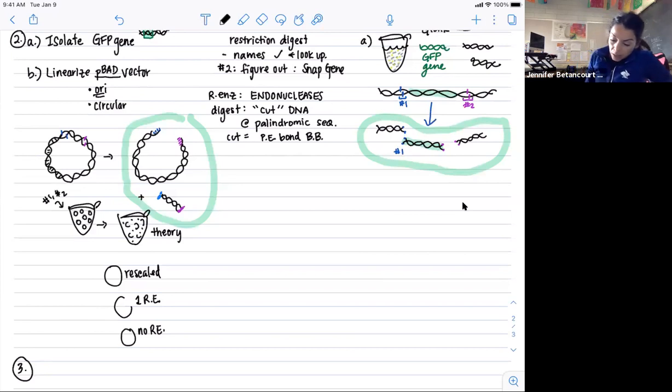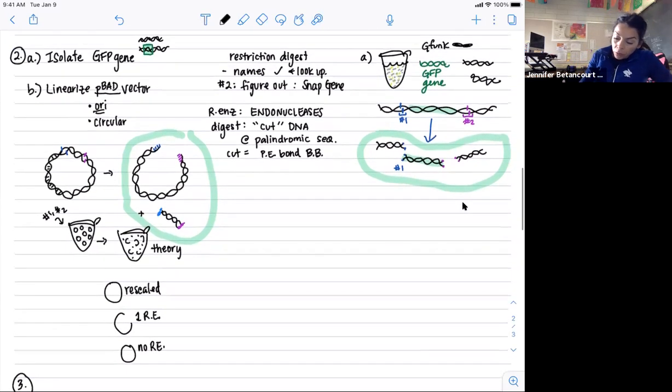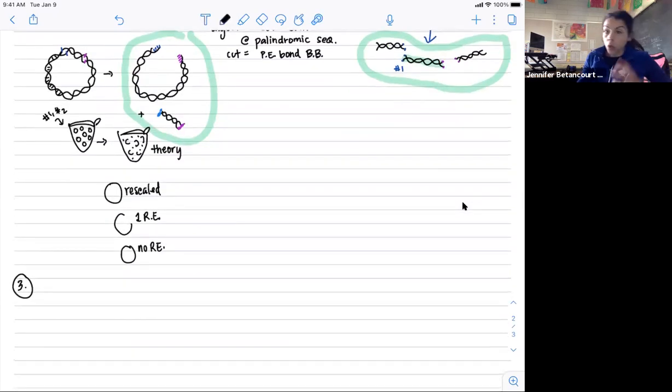Great, yes, okay. So remember, we have 2 tubes with theoretical linearized vector and theoretical isolated GFP gene. The goal here is to create not just any recombinant DNA, but the recombinant where you have GFP that has been inserted into p-bad.